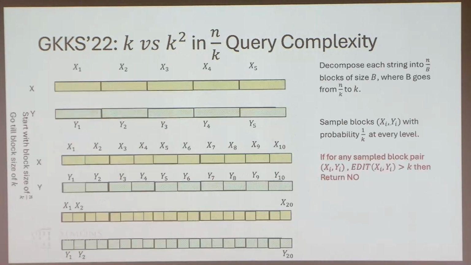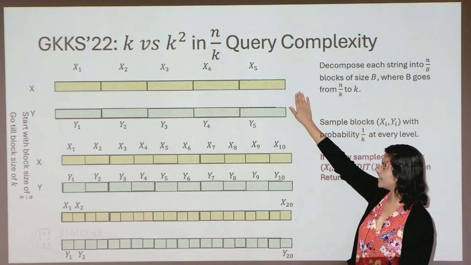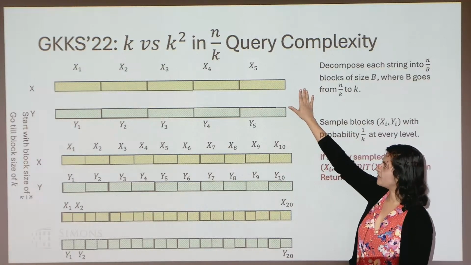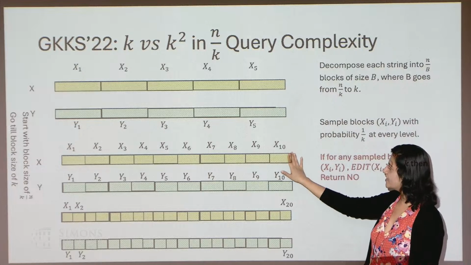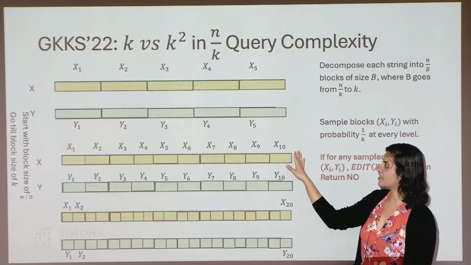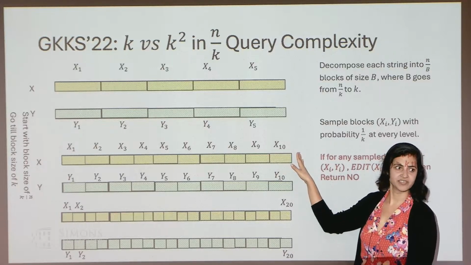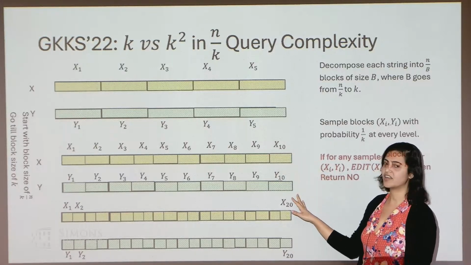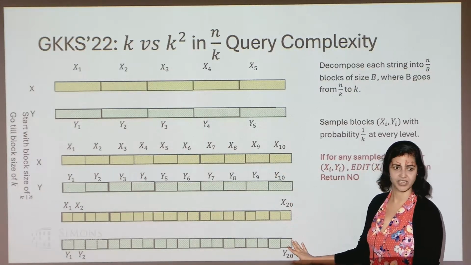We are going to do this breaking of blocks, this decomposition of blocks, in multiple layers. In the first layer, we decompose the string of length n into k blocks of size n over k. In the next layer, we decompose these blocks further, and now the blocks are of size n over 2k, and there are 2k blocks. Then we decompose it further into blocks of size n over 4k, and so on, and we continue going down.